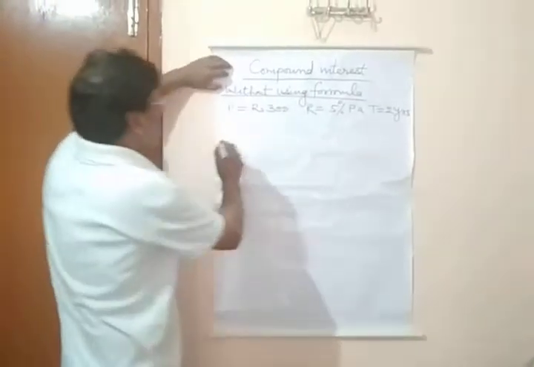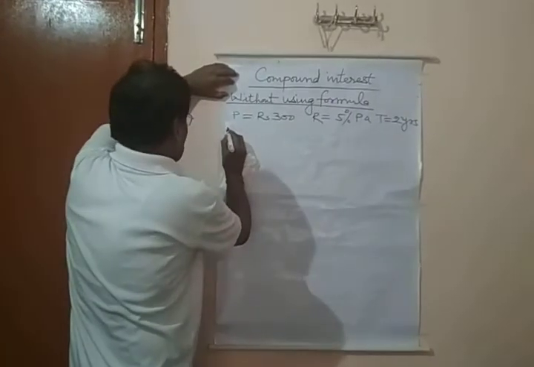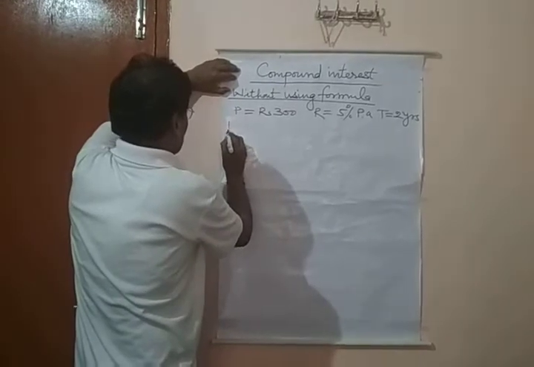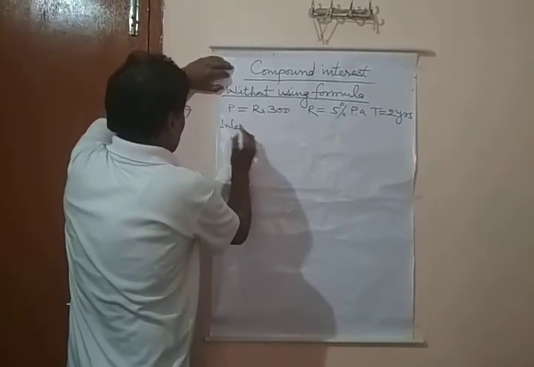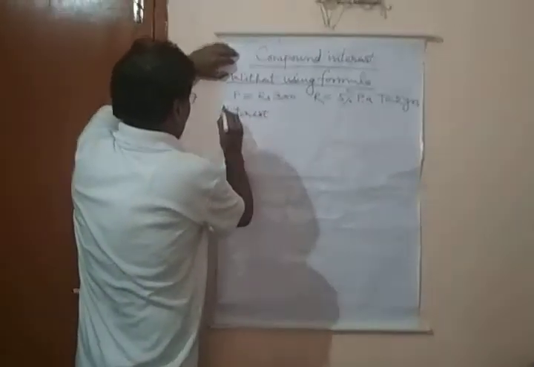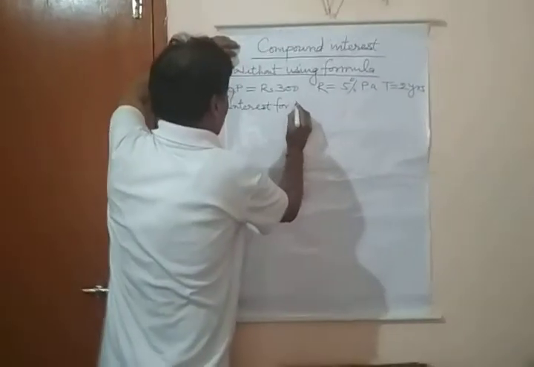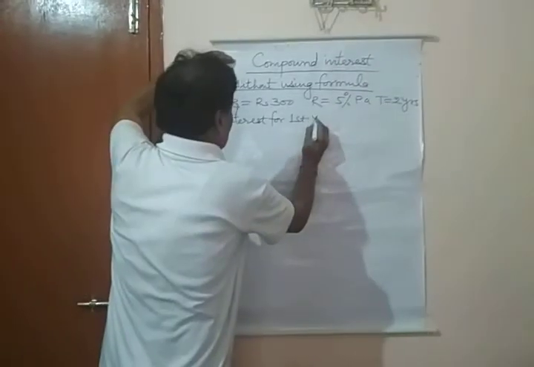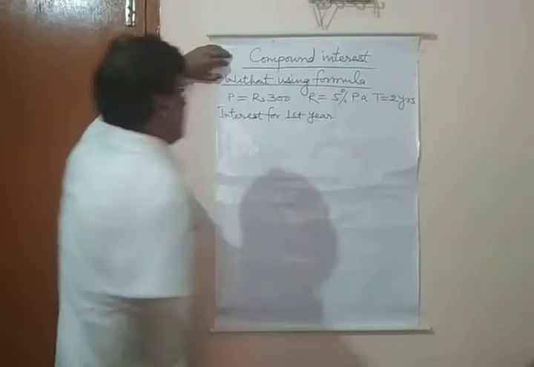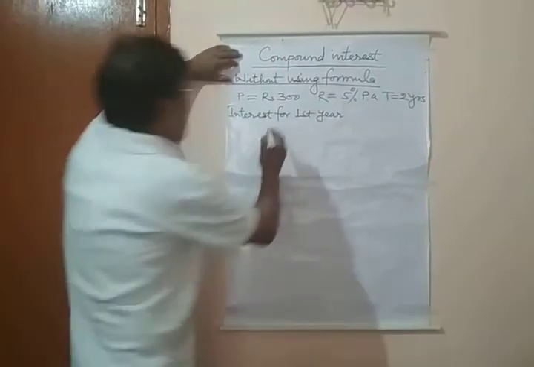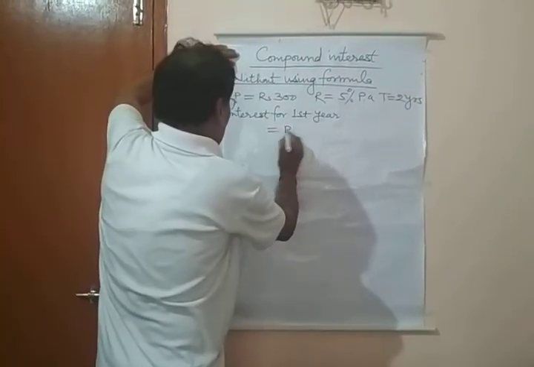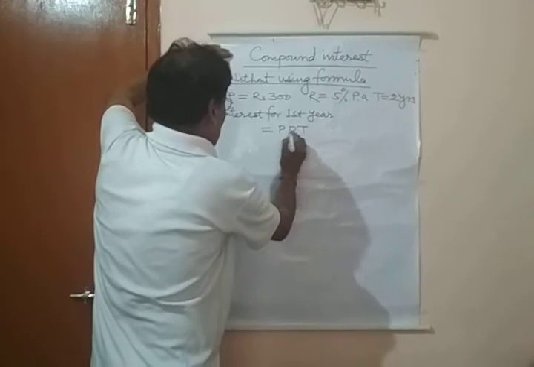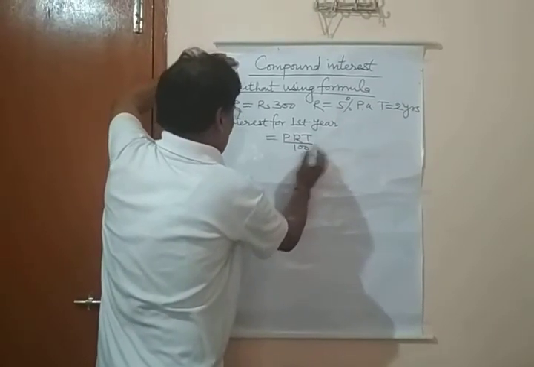So first of all, you find out interest for first year. Interest for first year is PRT upon 100.